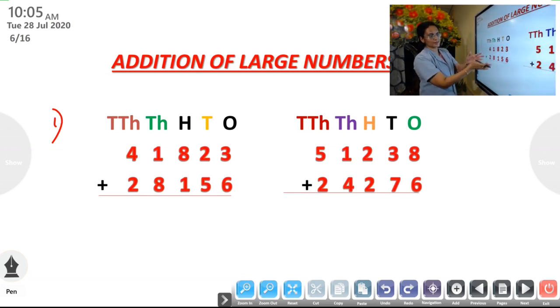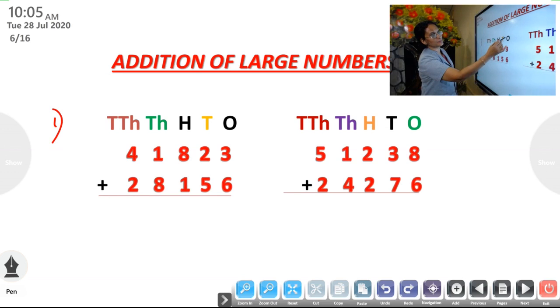Now in the question itself, you can see that the numbers to be added are given vertically. Vertically means what? One number under the other number. See, one number is given under the other number. And also the digits are written in correct places.